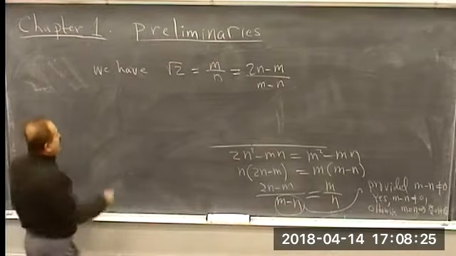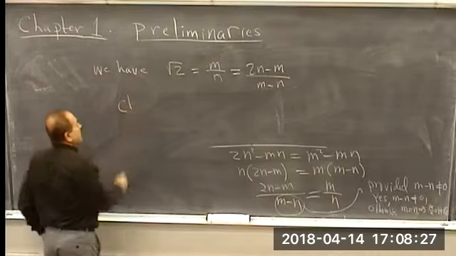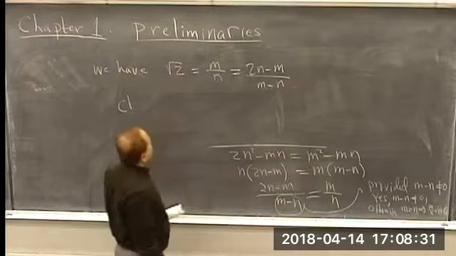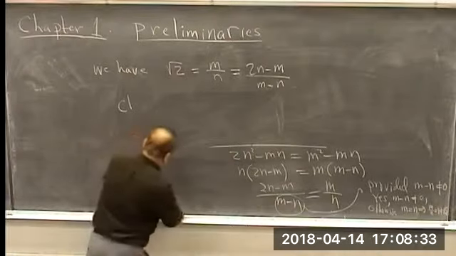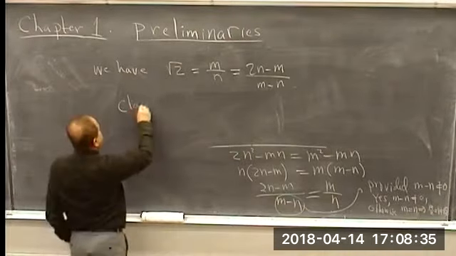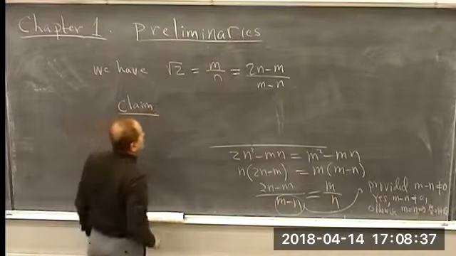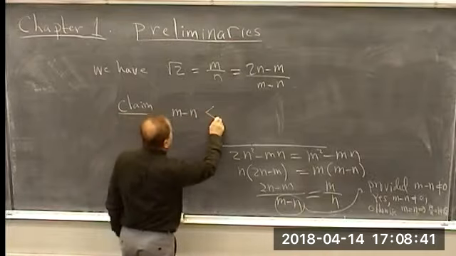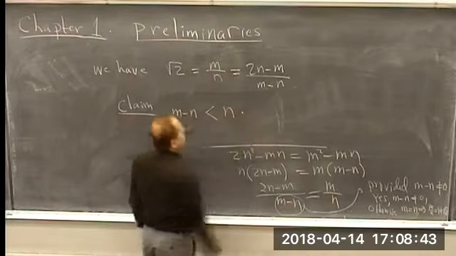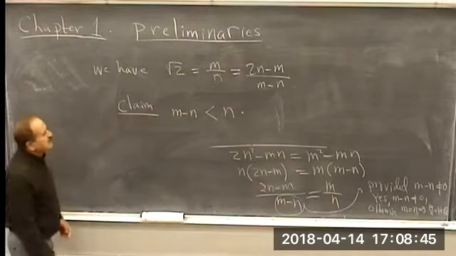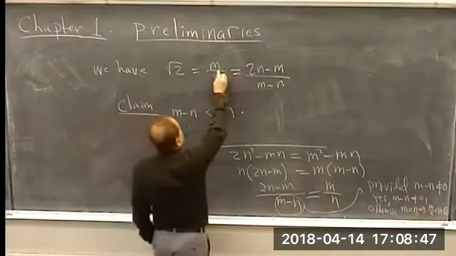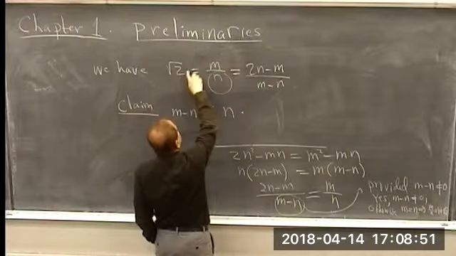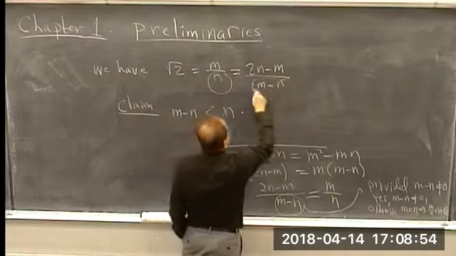Now I claim, actually there's one other thing I want to bring in here. So actually I claim that m minus n is smaller than n. All right? So this is the denominator in the first fraction, which gives us the square root of 2, and this is the second.